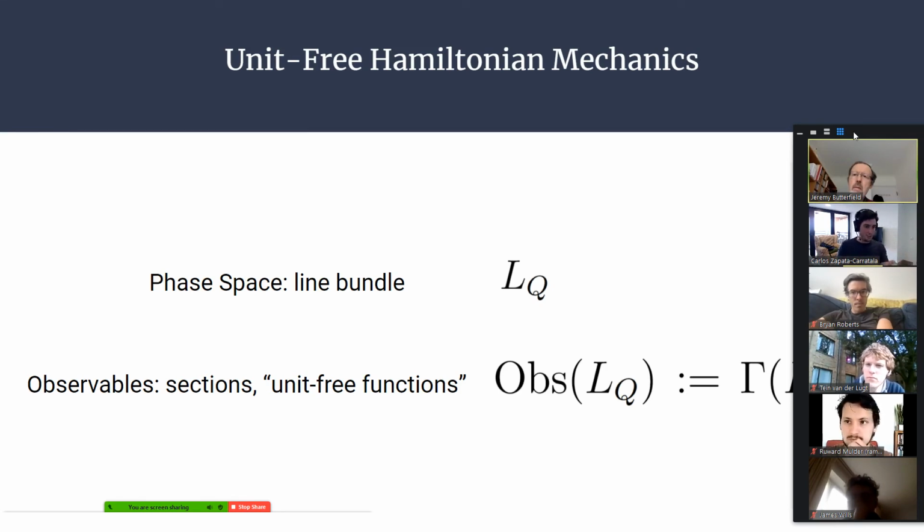So we have this theme of what in traditional classical mechanics would be just one function for the Hamiltonian. Now it's an equivalence class of infinitely many functions for the Hamiltonian, precisely given by this localization and trivialization of the line bundle, right?